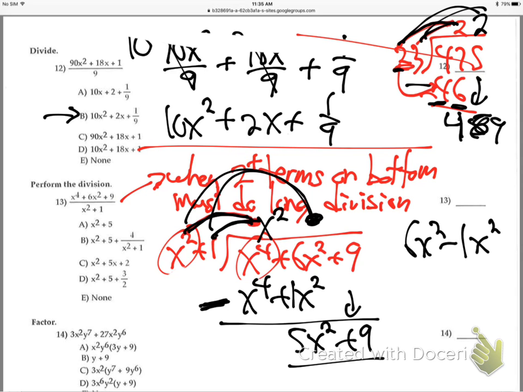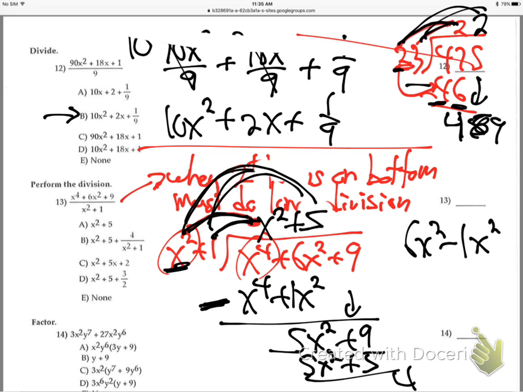So what can I put up here? Times x squared, that'll make 5x squared. 5, exactly. So the next step is plus 5. That plus 5 will go to both. 5x squared plus 5. Does that make sense? Subtract 4, that's your remainder.